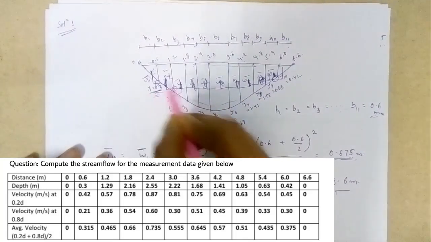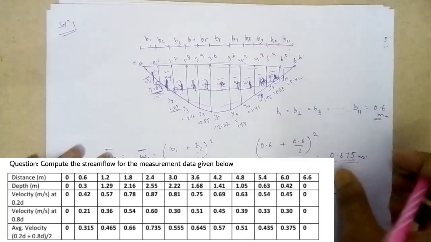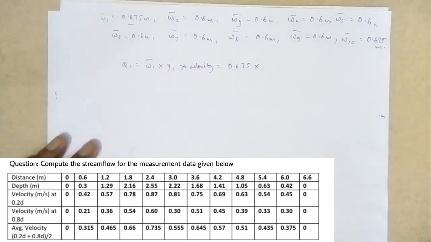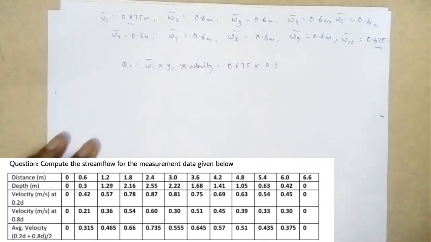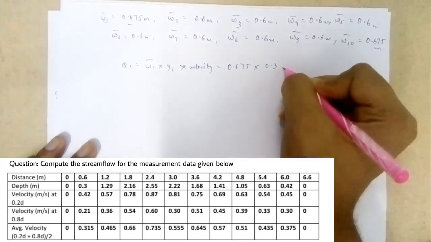We had written 0.3 meter, also you can check in the question, it is 0.3 meters. So we will write 0.65 multiplied by 0.3, and also in the question the average velocity is given as 0.315. So we will write 0.315.